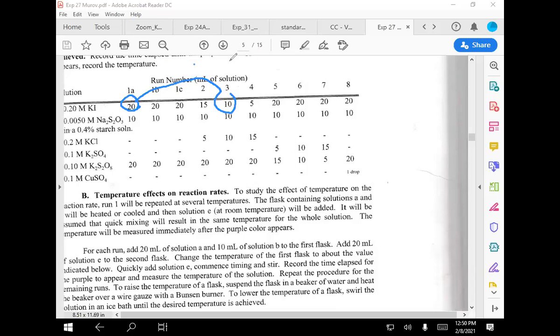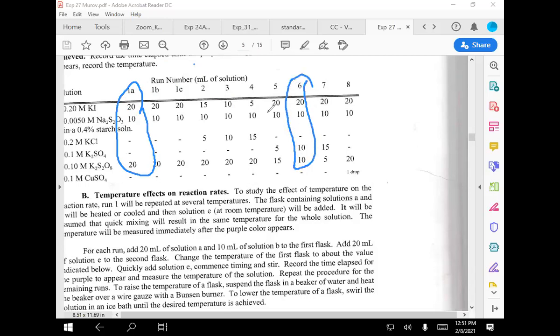What if our iodide and everything was the same, but we still ended up with half of the K2S2O8? I'm not sure what you're asking. Column 1A and then column 6. For which, iodide or S2O8? S2O8. So 1A and 6? Yes.